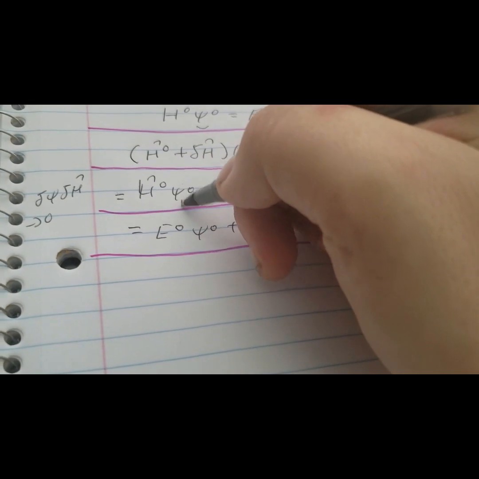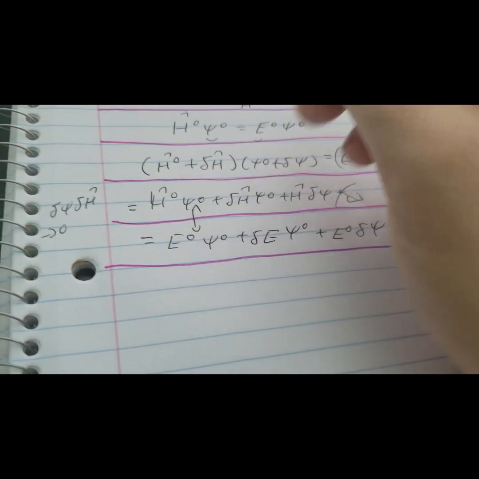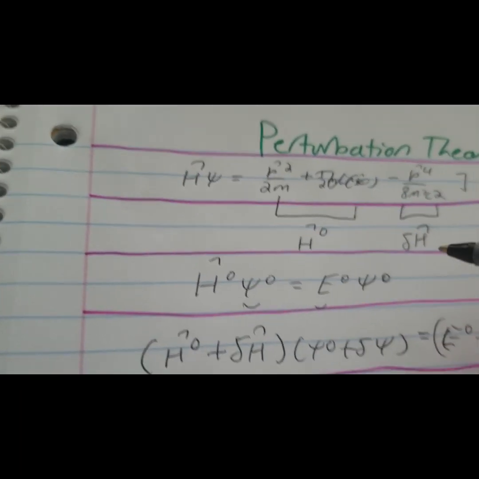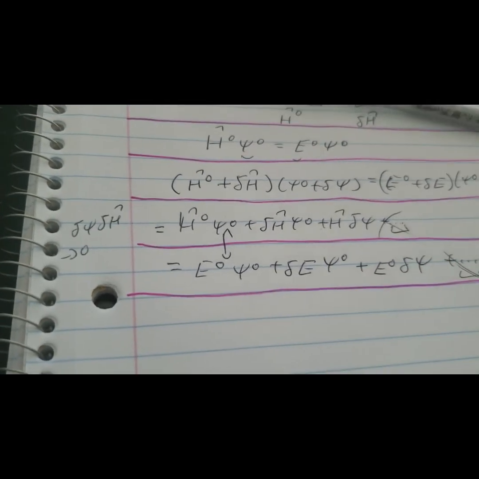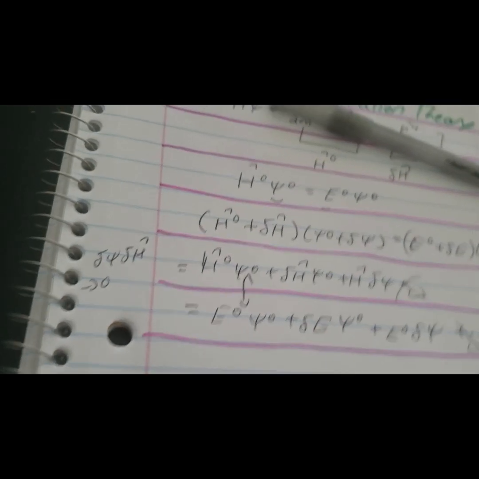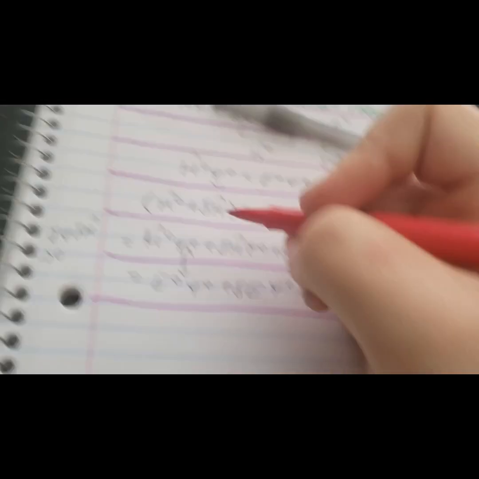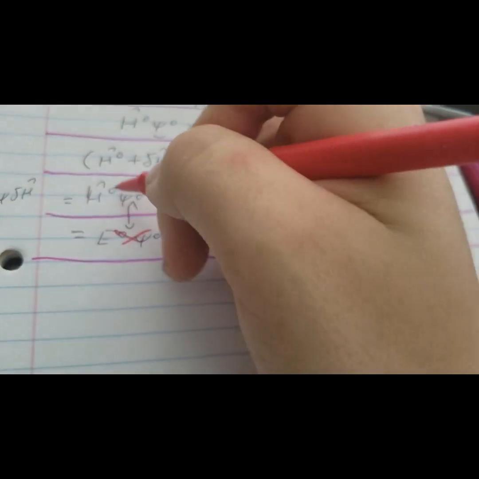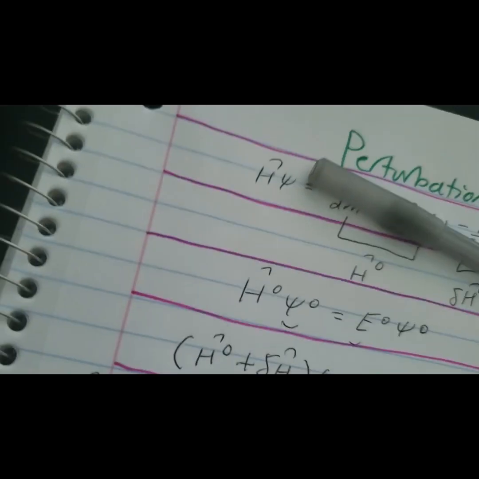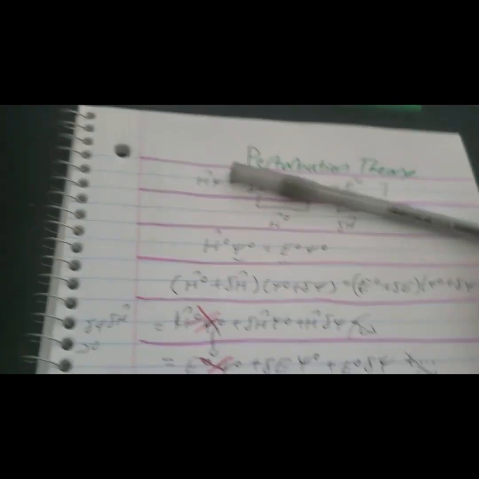Well, this right here, that's just our original equation, as seen right there. That's just going to go to 0. So we can cross that out. Or those cancel out. It's not going to go to 0 unless you subtract them.